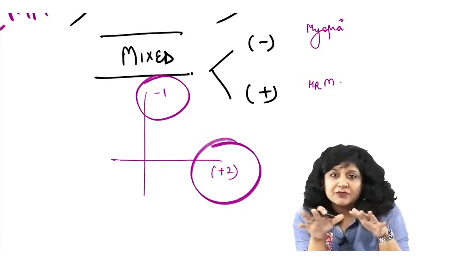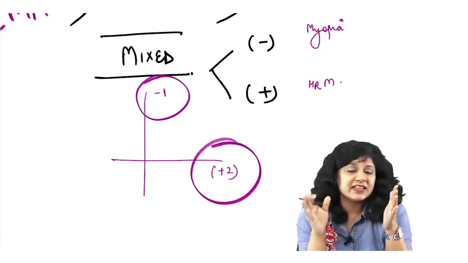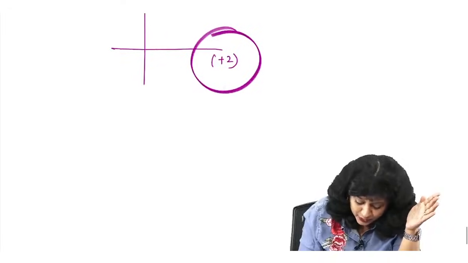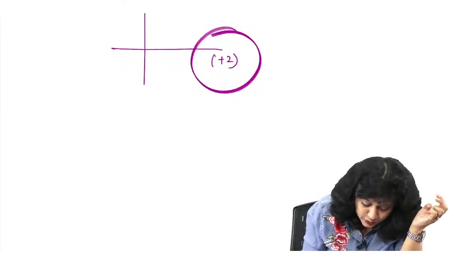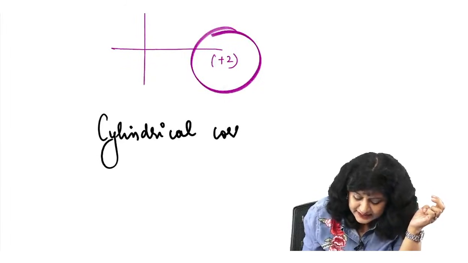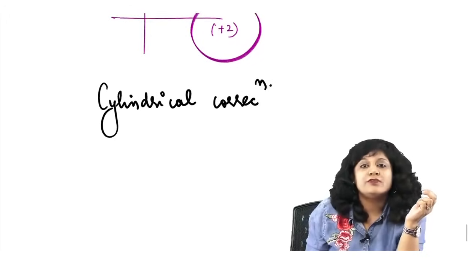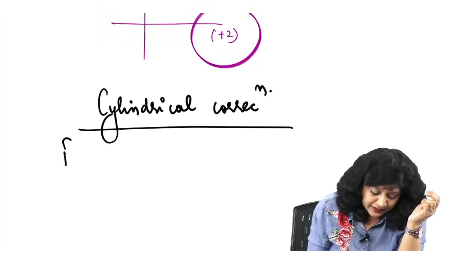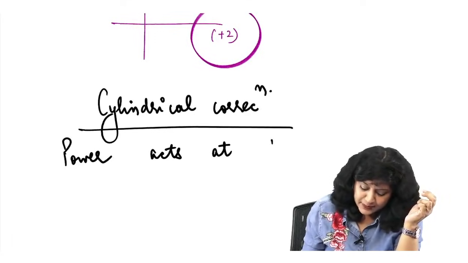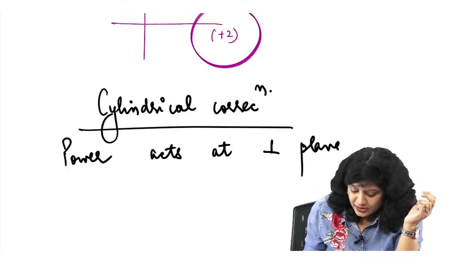So now we have covered all the basic things about astigmatism. Another important thing is that when you give the cylindrical correction, always remember that the power acts at a perpendicular plane.